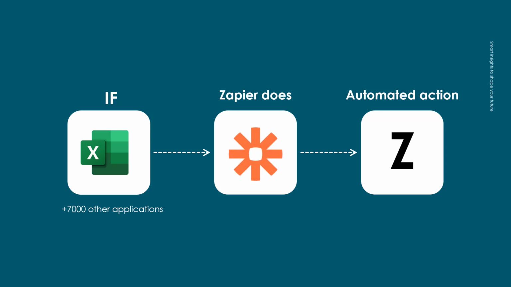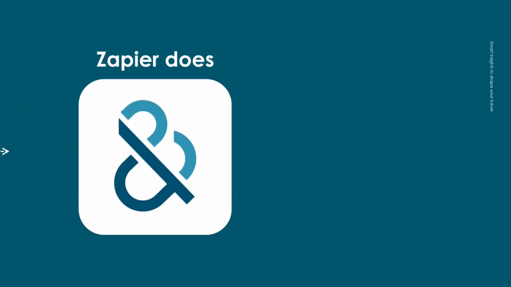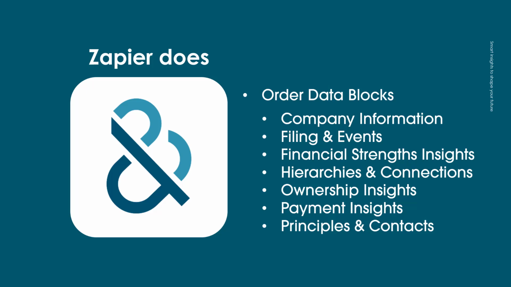Then, Zapier jumps in. It connects with Dun Bradstreet and instantly retrieves relevant business data, like the DUNS number, credit score, and payment risk level. That data is automatically added to your spreadsheet in Excel or to your CRM like Salesforce, HubSpot, accounting software, or any other app.